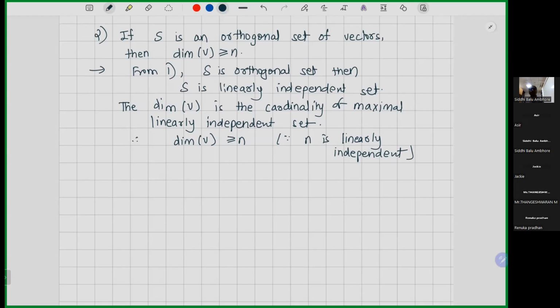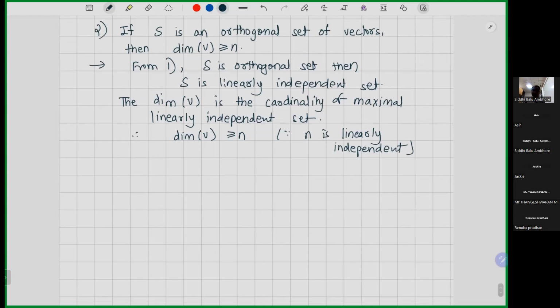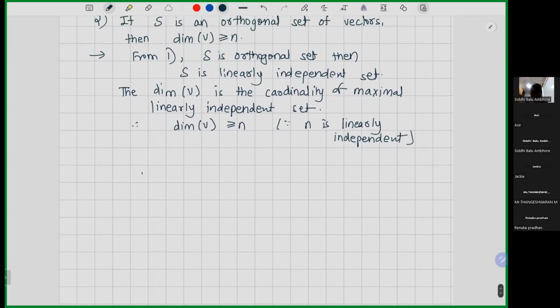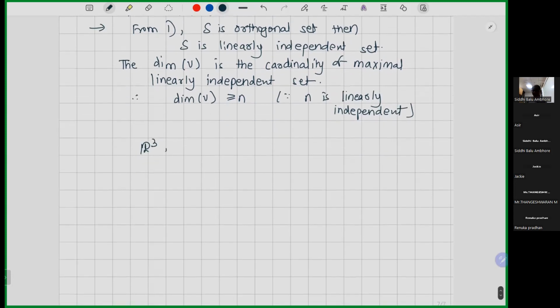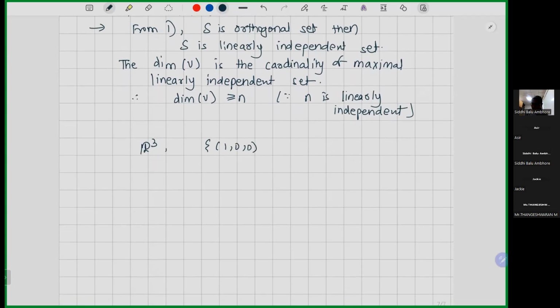Equal to n is understood, but under what condition is the dimension greater? For example, let us take R3. This is an orthogonal set.